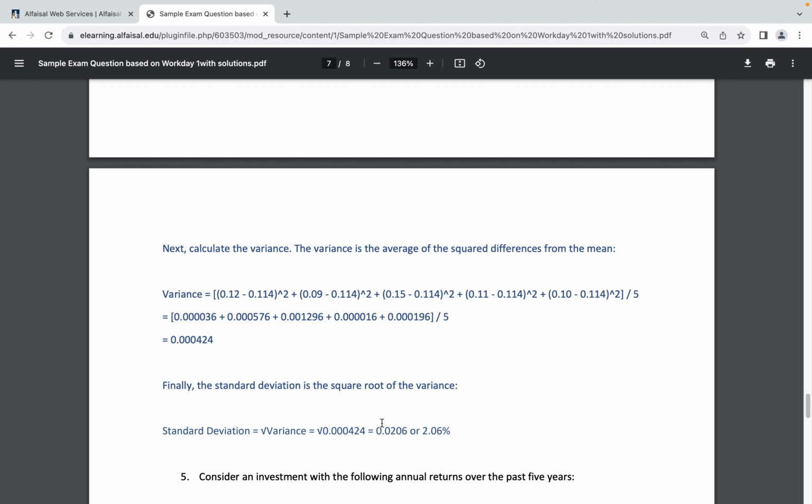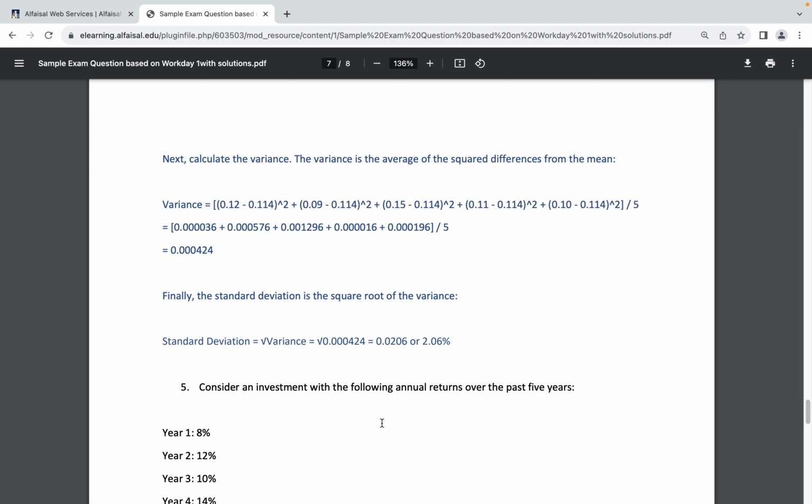There's a good chance, but there's also an equally good chance that you could earn somewhere in the region of 17%. Okay, so that's the way to think about it. Now you can imagine if that standard deviation value is higher, then the possibilities that you could lose or gain are greater on either side.